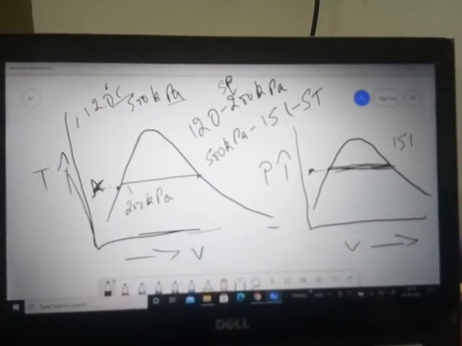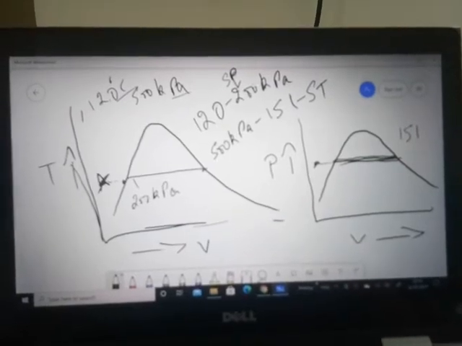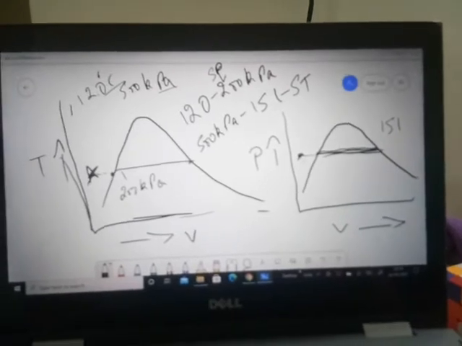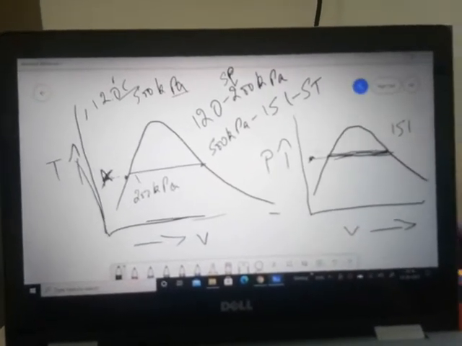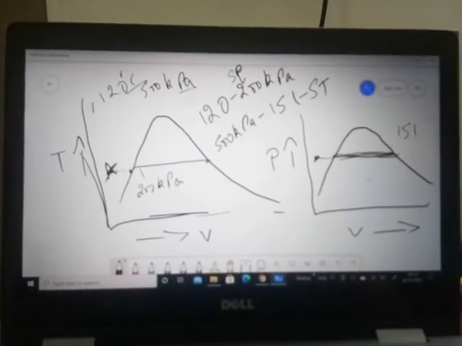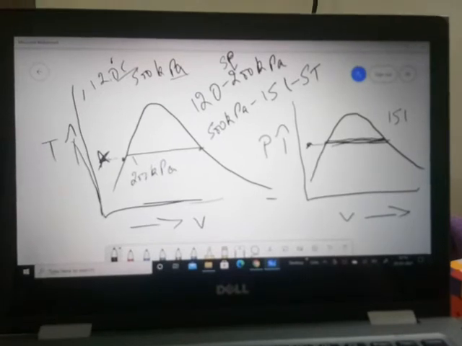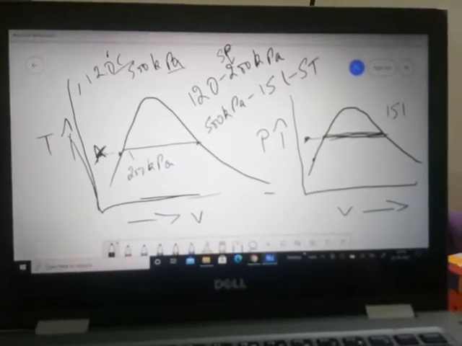I hope I am clear. And if somebody says, can you write? So I am at 500 kilopascal, I am here. So how do you go to 120 degrees from here? At 120 degrees, what's the saturation pressure? 200 kilopascal.